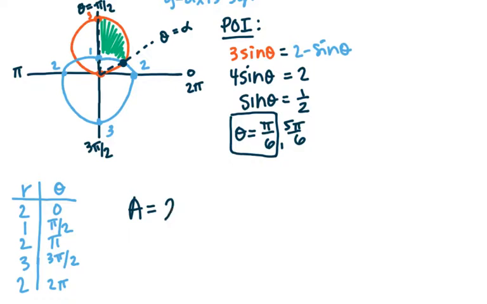So we're using symmetry, so we're going to be doing 2 times whatever I'm about to write. I'm going to do 1/2.